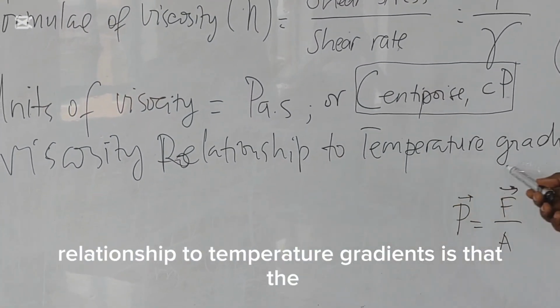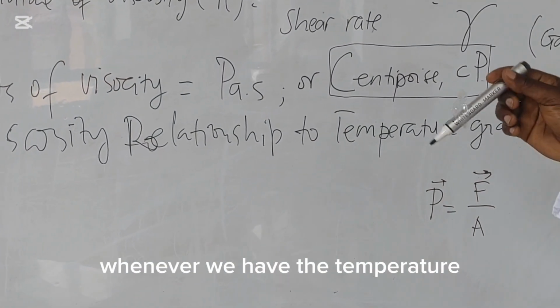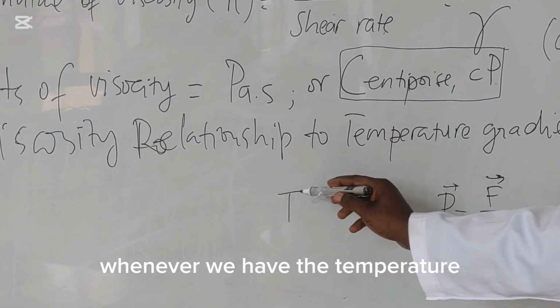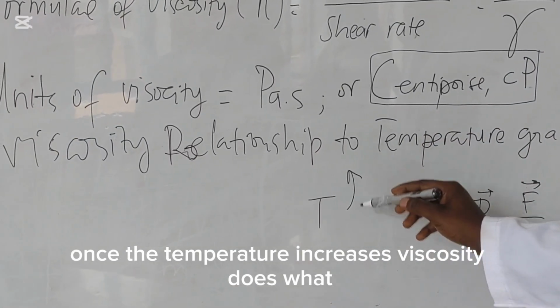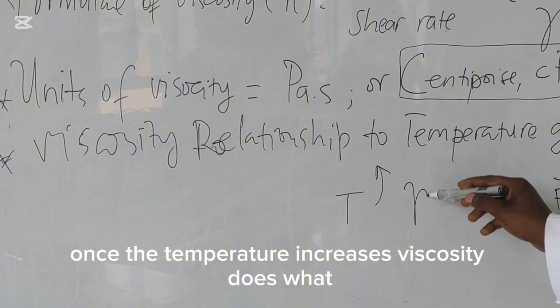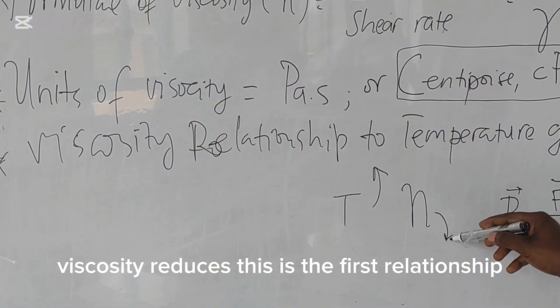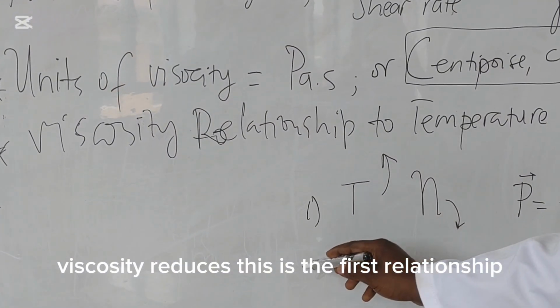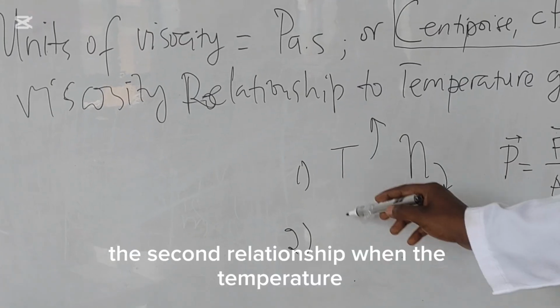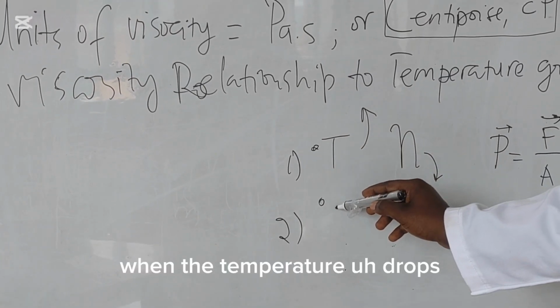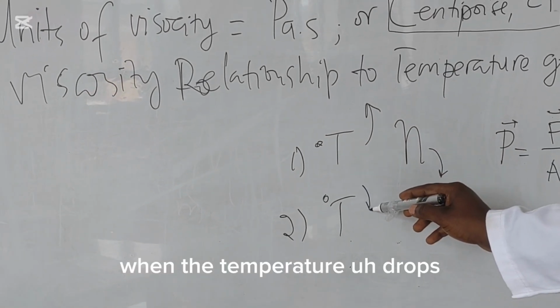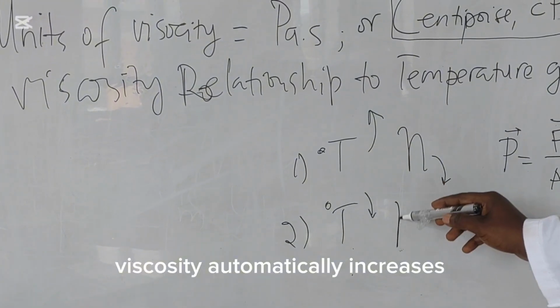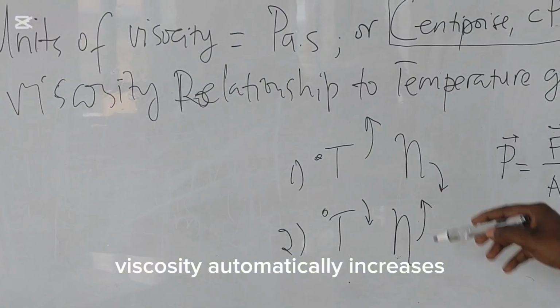Then the relationship of viscosity to temperature gradients is that once the temperature increases, viscosity reduces. This is the first relationship. The second relationship is that when the temperature drops, viscosity automatically increases.